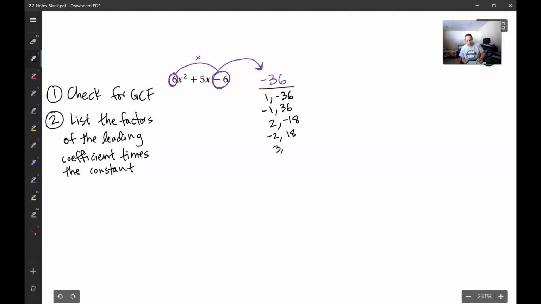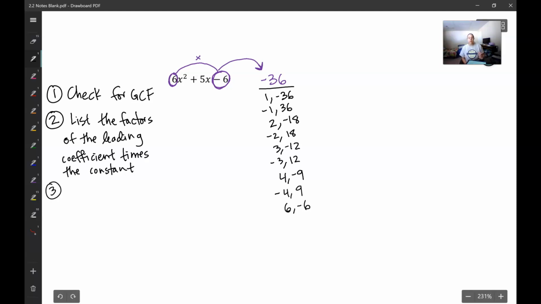I've got 3 and negative 12, which is a negative 3 and a positive 12. I've got 4 and negative 9, which is a negative 4 and a positive 9. And I've got 6 and negative 6. So that's step 2. I listed all my factors.